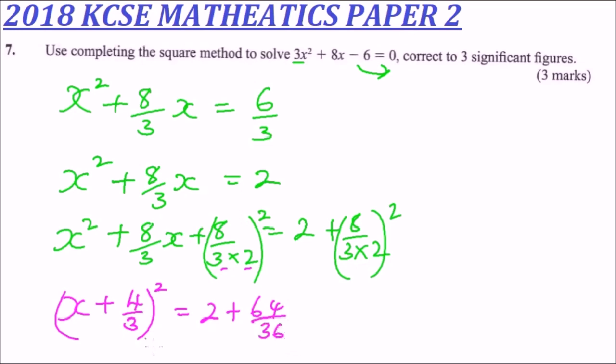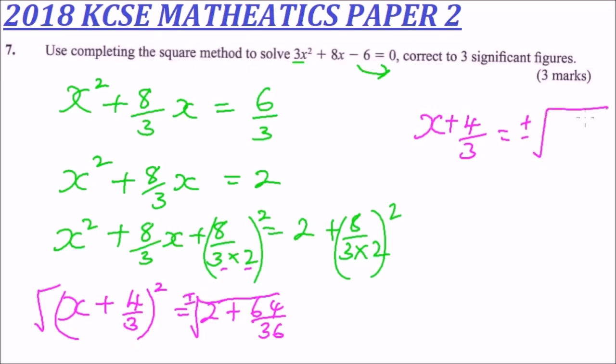Then we take the square root of both sides. So when you work it out using your calculator, you get x plus 4 over 3 equals plus or minus, this is why we have plus or minus, the square root. Using your calculator, you find that this is 34 divided by 9.